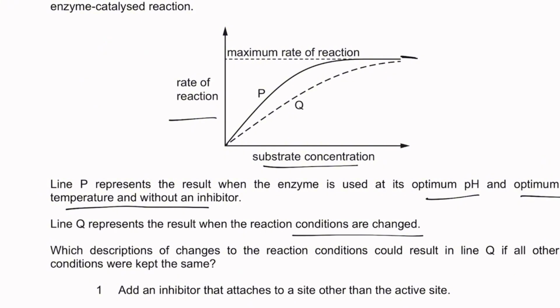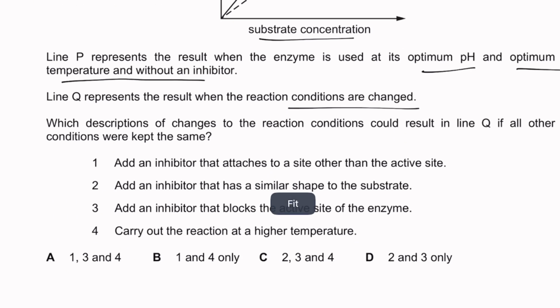We didn't use a non-competitive inhibitor, so I don't think it's about temperature, because if it were about temperature then it would plateau somewhere else, like this for example, because there's another limiting factor. But it's not about temperature. There's a competitive inhibitor, something preventing the substrate from reacting with the enzyme.